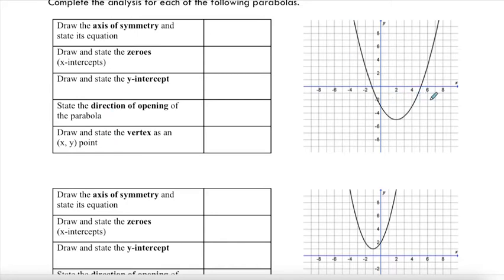So I'm going to first start by figuring out where the y-intercept is, which is easy. So here's my y-intercept right there. So it has a point of 0, -3. The next easiest one to probably find is our x-intercepts.